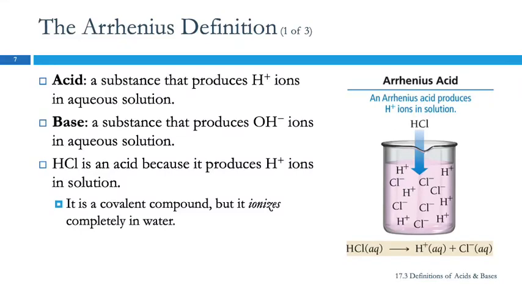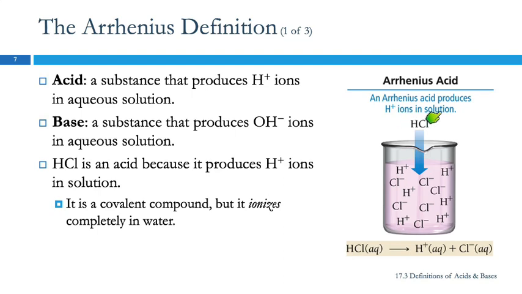So the first definition that we're going to look at is the Arrhenius definition, and you were introduced to this in Chem 1A. Under this definition, an acid is a substance that produces hydrogen ions in an aqueous solution. Many of these acids are actually molecular compounds, but when you dissolve them in water, they form ions.